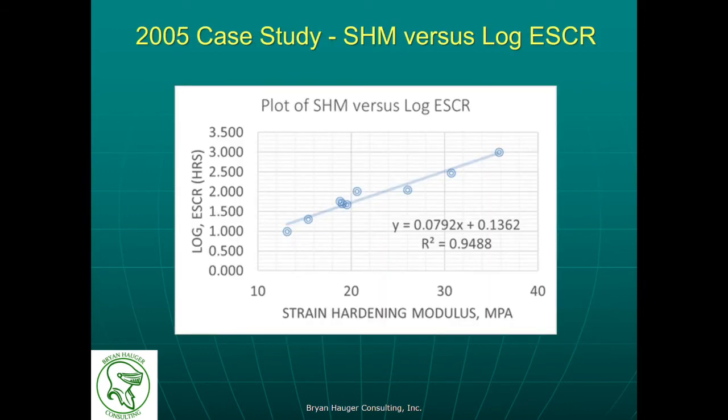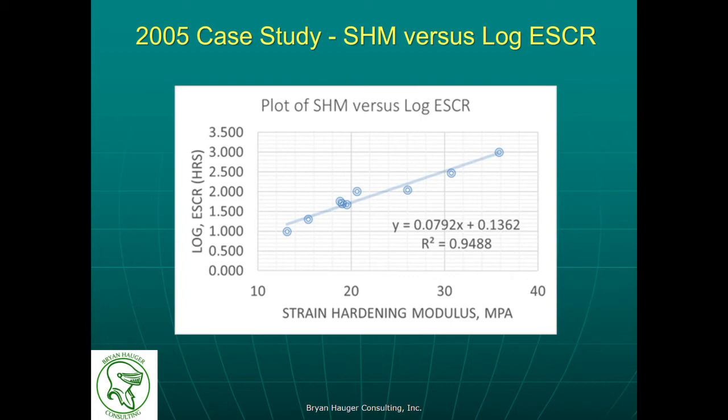Here the data from that previous table is plotted, but I don't show the non-failure data point from the previous table. The exceptionally good quality of the correlation between the strain hardening modulus and the log of ESCR failure time in hours is reflected in the high value of goodness of fit.